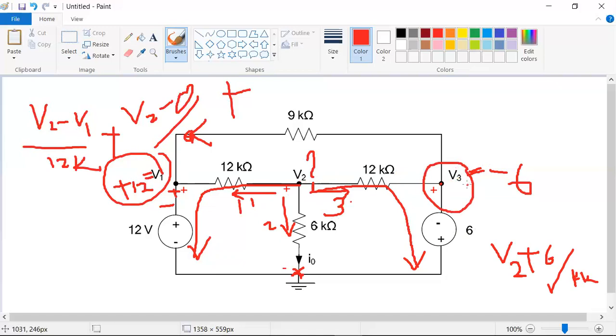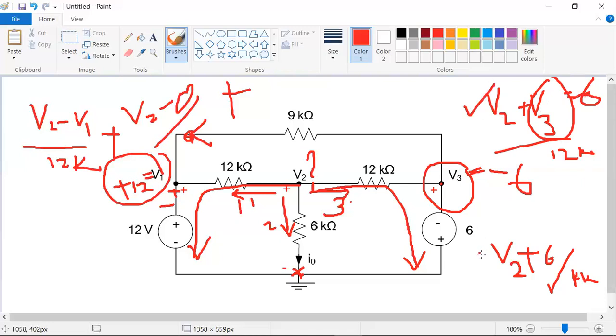It doesn't matter whether V3 is plus or minus, that will come in your next step. First you need to differentiate these two voltages. Then you should write V2 minus V3 by 12k. But here V3 is nothing but how much value? Minus 6. Then minus into minus is plus. Then the value will be plus 6 volts. The value is the same, right? Both ways are the same.